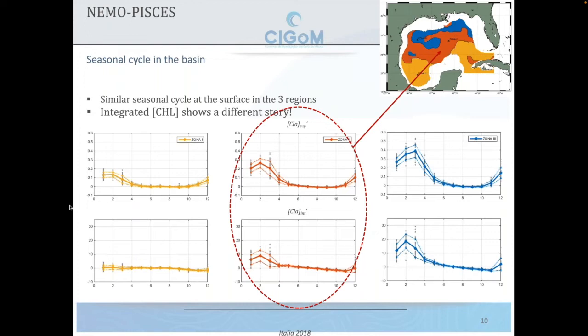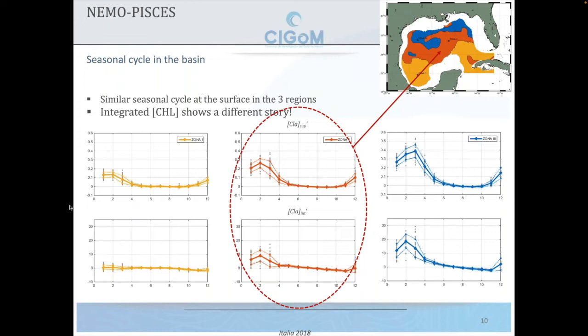And so the first region, you see here two sets of plots. The one at the top is the surface chlorophyll. The one at the bottom is the fully integrated chlorophyll content in the water column. And you see the first region, which is the Bay of Campeche and part of the eastern Gulf of Mexico, that there is a weak but seasonal signal in the surface chlorophyll produced by the model, whereas the integrated chlorophyll is really flat.